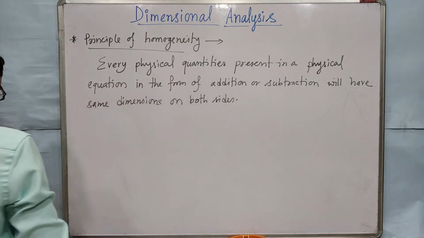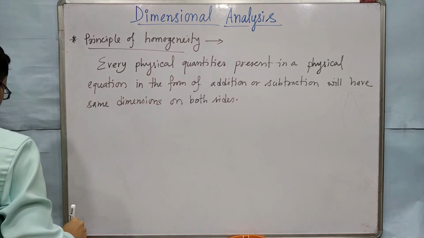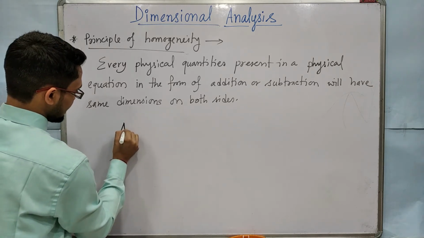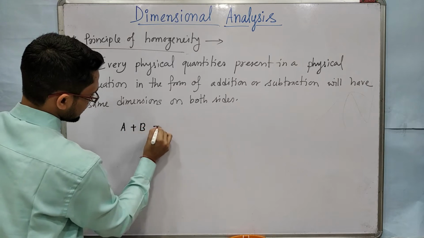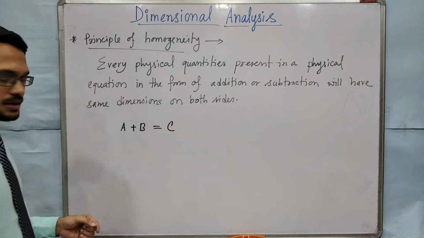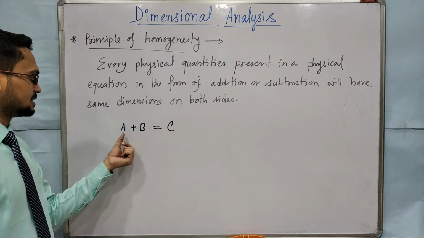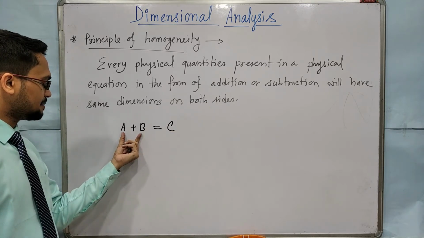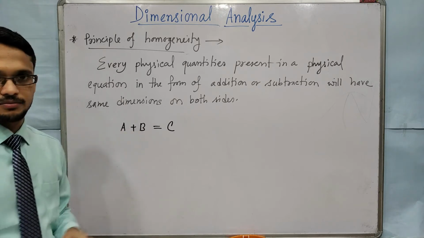Take one example, then you will understand properly. I am writing one equation like this: a plus b equal to c. There are three physical quantities: a, b and c. Here a and b are in addition form.